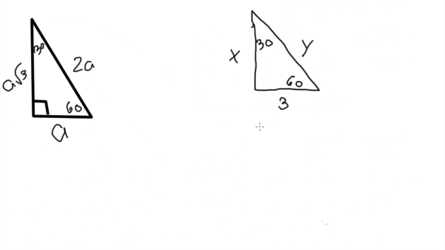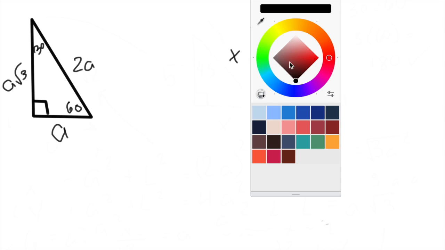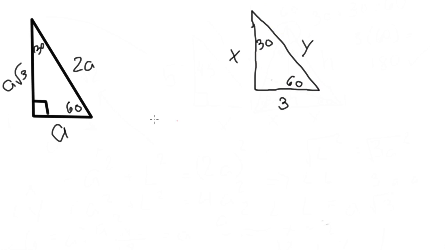Just like for our 45, 45, 90 triangles, we're going to set the sides equal to each other that correspond to each other. This might be easier to see if we change the colors of these sides. I'm going to make this side this reddish color, which corresponds to here, right?